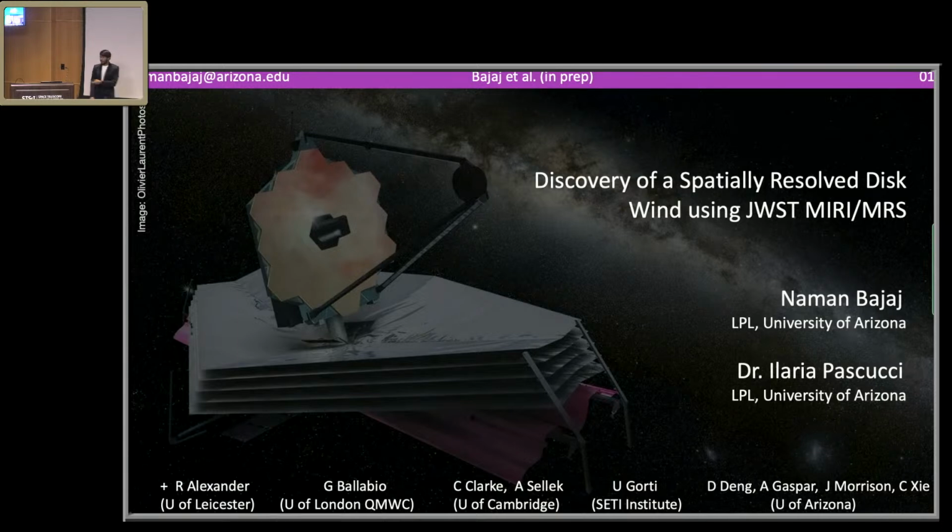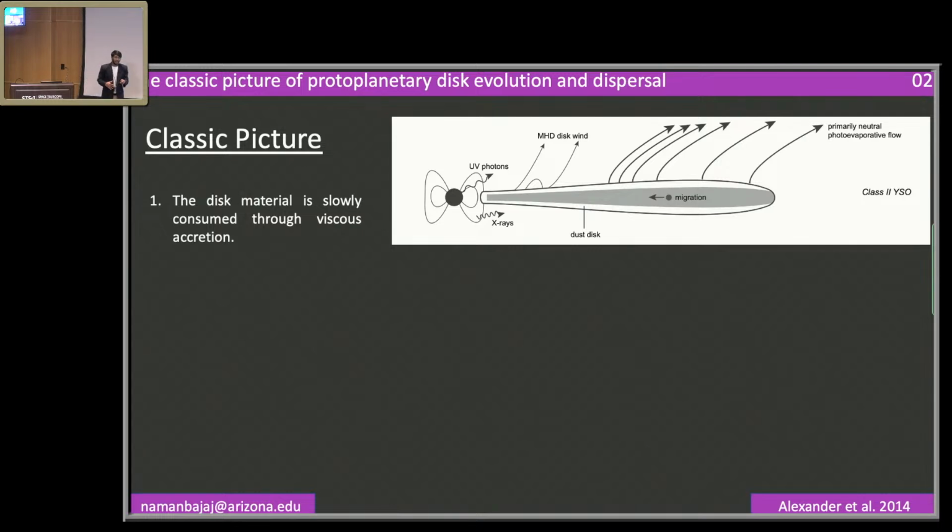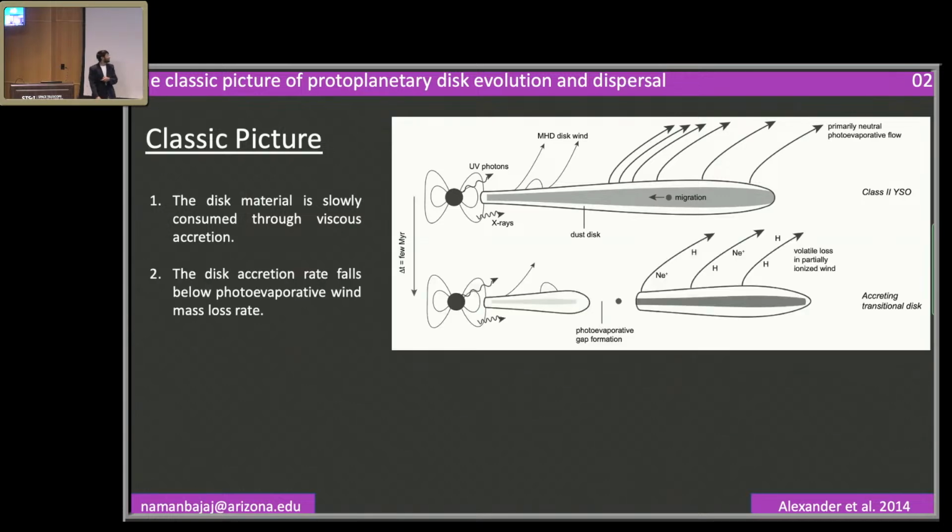So, according to the classic picture of protoplanetary disk evolution, the disk material in the inner disk is accreted via viscous accretion, and the gas in the outer regions is dispersed through photoevaporation. After a few million years, the accretion rate falls below the photoevaporative wind mass loss rate, and this can create a gap in the disk. This stage of a protoplanetary disk, where there's a large gap in the dust of the disk, is called a transition disk.